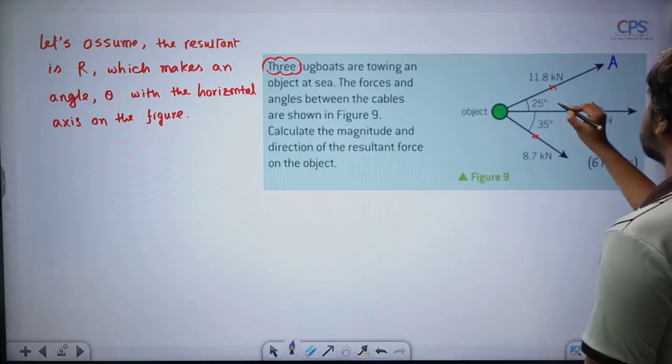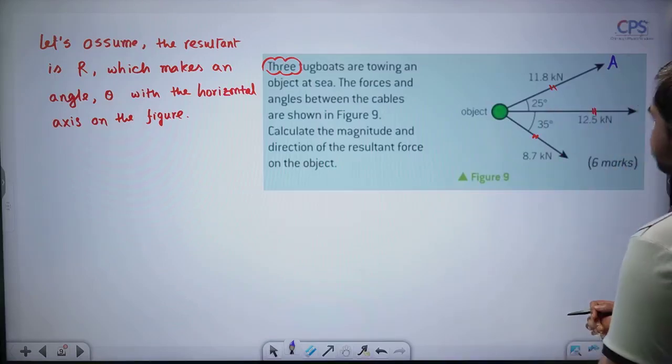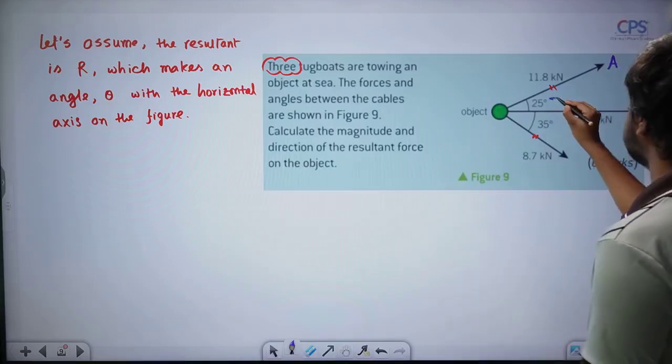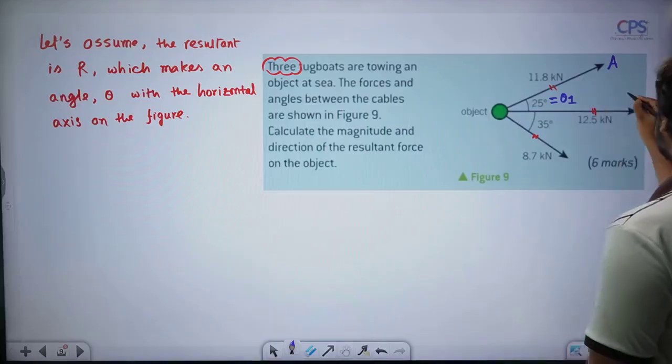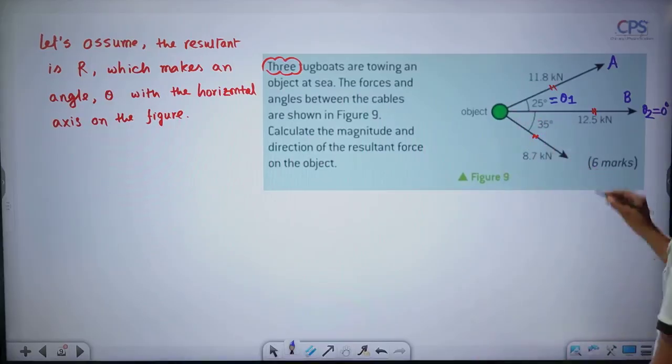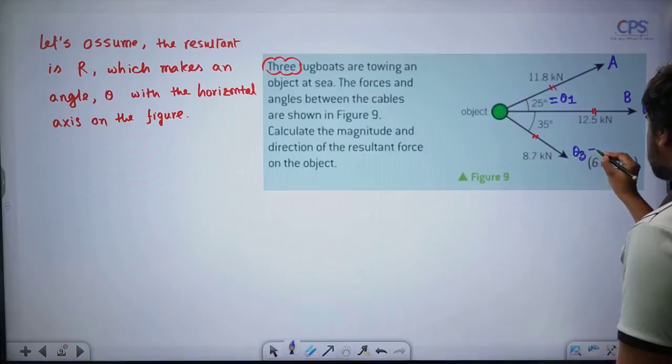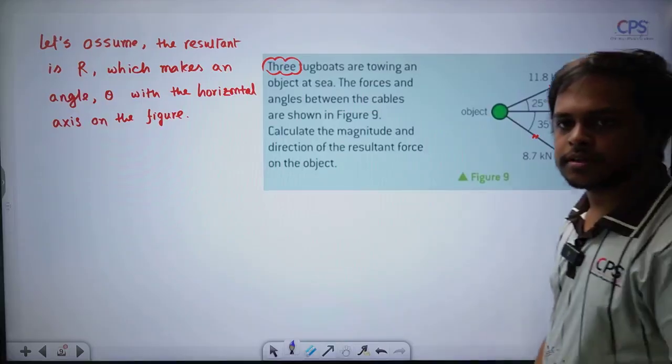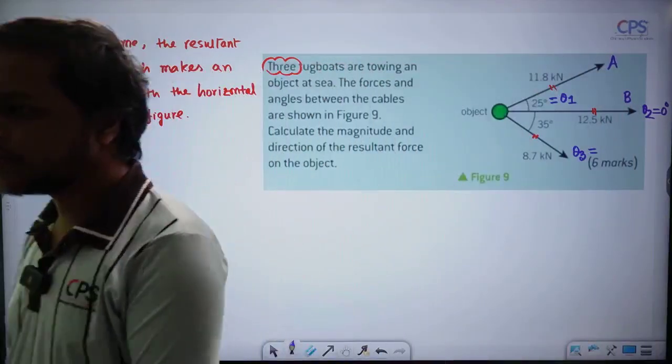So theta of A is 25 degrees, or theta 1 is 25 degrees. Let's say this is force B. Theta 2 will be 0 degrees here, because it's already parallel to the x-axis. And theta 3, now you need to be a bit attentive here.